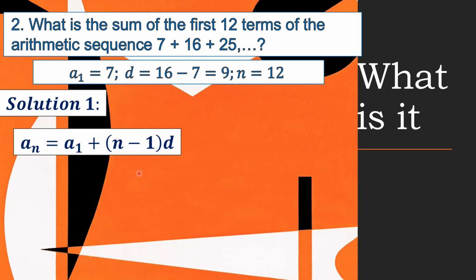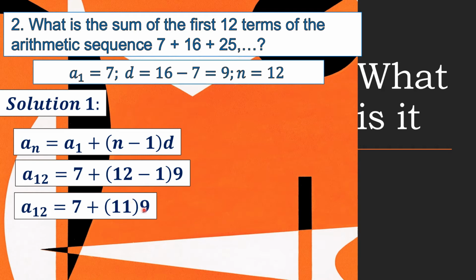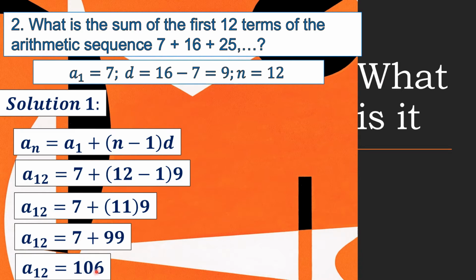So, substitute lang tayo. Ang a sub 1 natin ay 7, tapos ang n natin ay 12, at ang d natin ay 9. Kapag i-simplify natin, 12 minus 1 equals 11, and 11 times 9 is equal to 99, and 99 plus 7, that is equal to 106. So, ang a sub 12 natin ay 106.